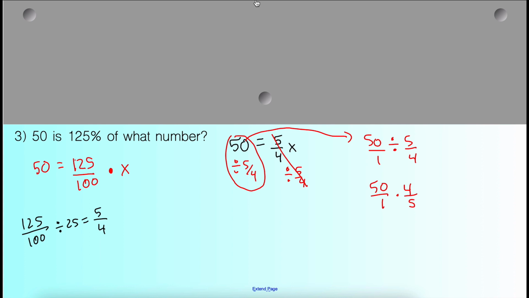Keep, change, flip. I'm noticing the 50 and the 5 can both be divided by 5. 5 divided by 5 is 1. 50 divided by 5 is 10. And 10 times 4 is 40 over 1. So our final answer here is x equals 40.